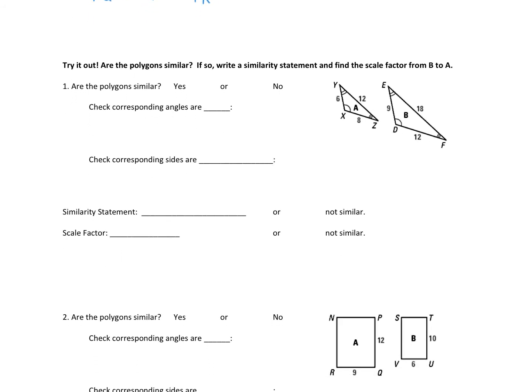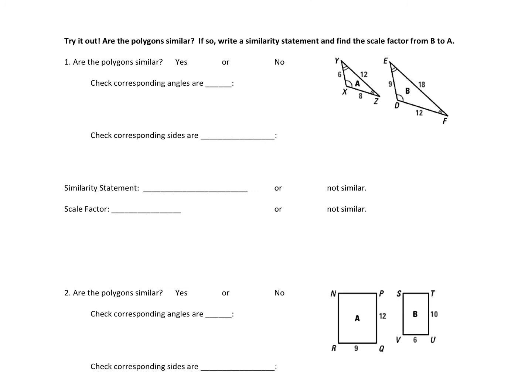Let's continue trying this out some more. Are the polygons similar? If so, write a similarity statement to find the scale factor from B to A. I notice all the angles are congruent to each other. So yes, they have to be similar because all the angles are congruent.